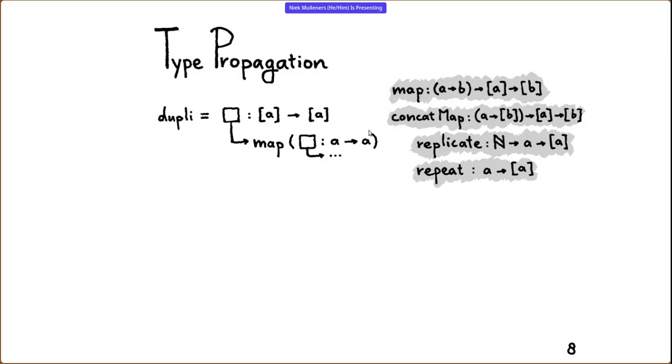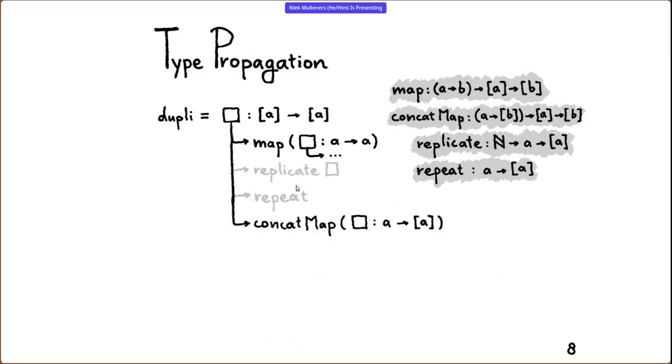We could look further at the different ways to implement this hole, but we'll look first at the other functions. Replicate here with one argument does not fit because it does not have the right type. Same for repeat, but concat map has the right type, and it introduces a new hole of type A to list of A. Now, there are many more programs that don't have the right type, like all the natural numbers.